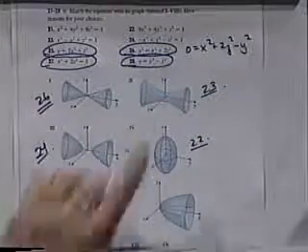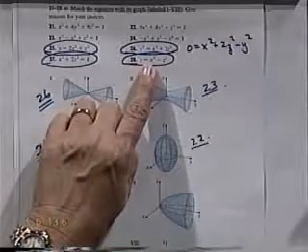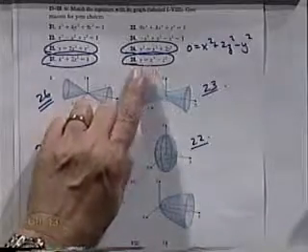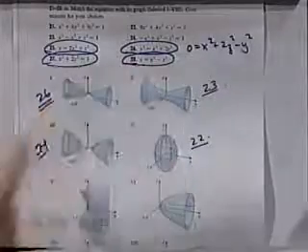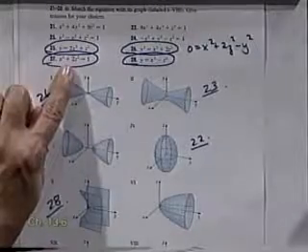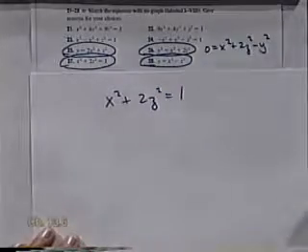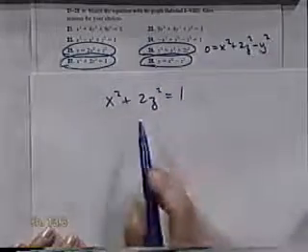Okay. The bizarre guy, which is the one that looks like a saddle, the hyperbolic paraboloid, 28, that's going to be this guy. What's this guy going to be? Let's look at him. x squared plus 2z squared equals 1. Just in the xz plane, what's that a graph of?